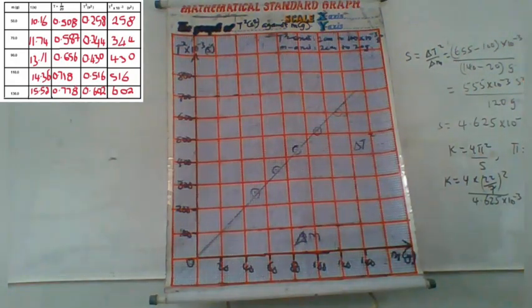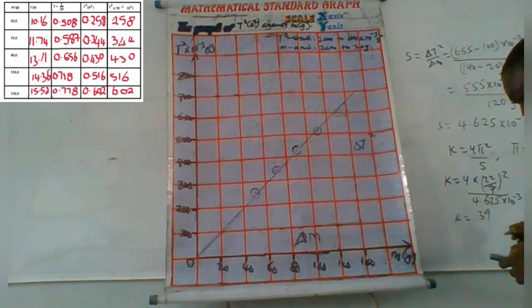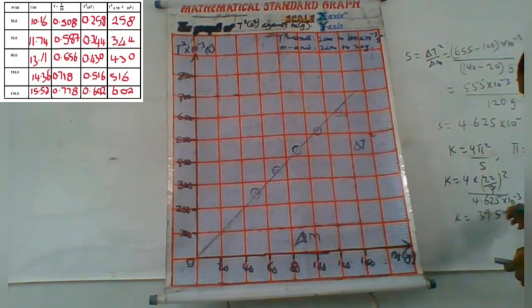So I'll work this out. k is equal to, I'm going to do 4 times, open the bracket, 22 divided by 7, then I'll square it. That's going to give me 39.510, divided by 4.625 times 10 raised to the power minus 3.